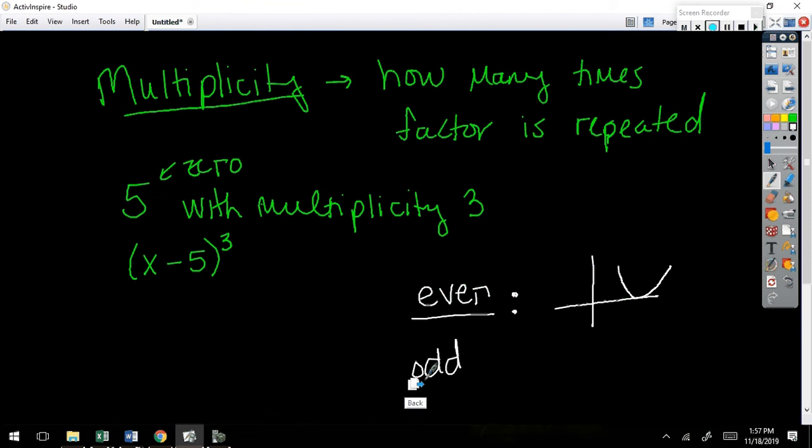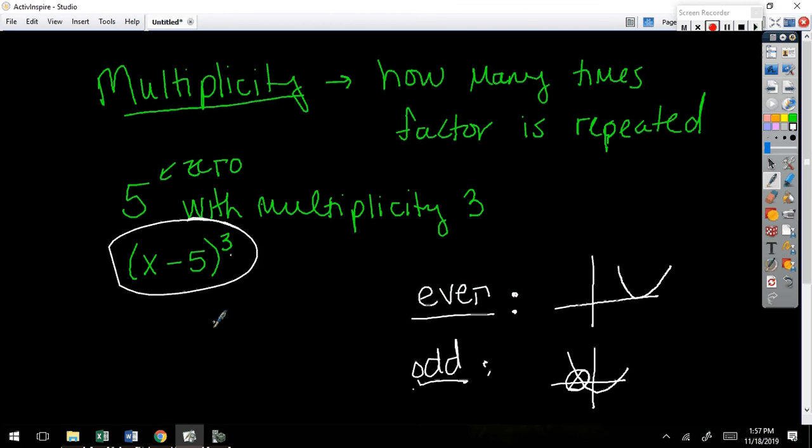But odd multiplicity is going to go straight through that x-axis. So in the case of this one, with multiplicity of 3, at the value of 5, whatever else the function is doing, it's going straight through that value of 5, okay? So just to recap on multiplicity.